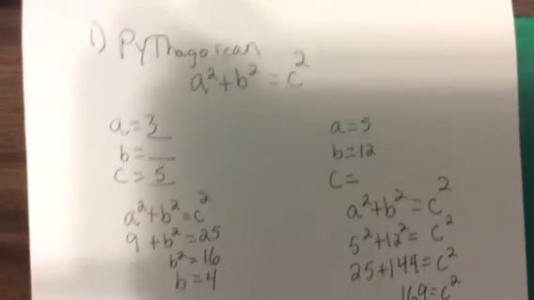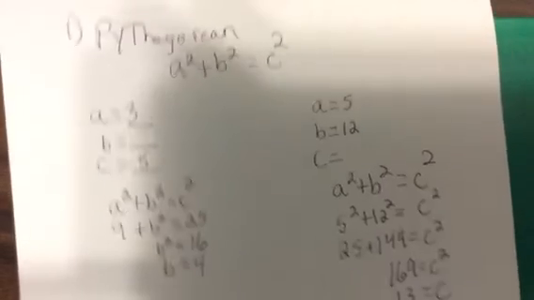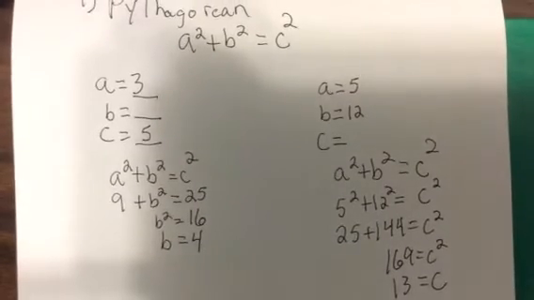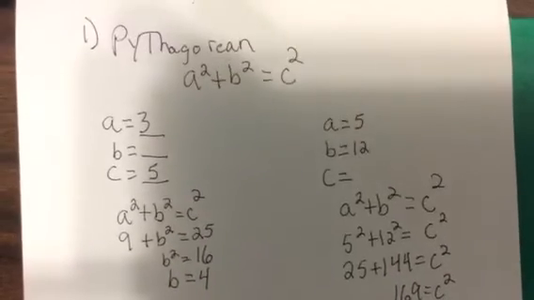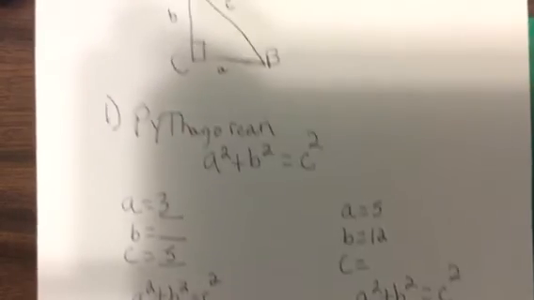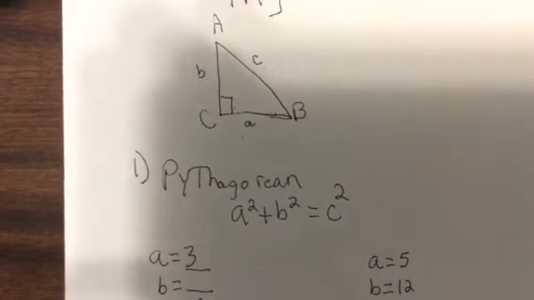Now, in this case, if they weren't nice numbers, and I picked two of the nice ones on purpose, but if they weren't nice, then you'd use a calculator to approximate, unless it says otherwise. So if it said exact answer, you'd leave it. If it said like 5 square root of 2, you'd leave it. If it says approximate, then you use a calculator. But in trig, most of the time you do approximate because you need the number to find other parts.